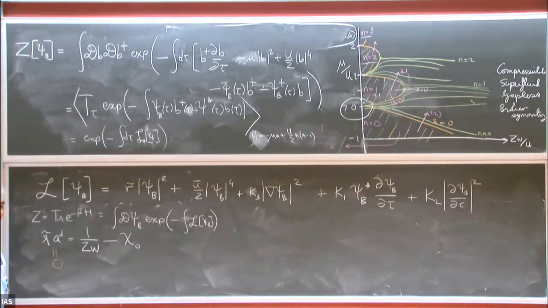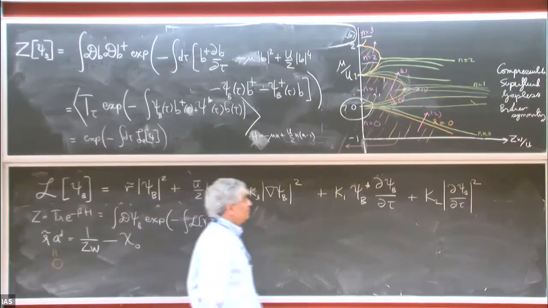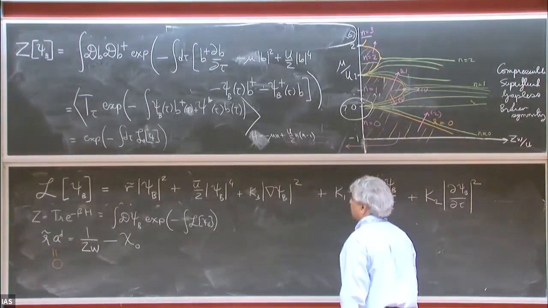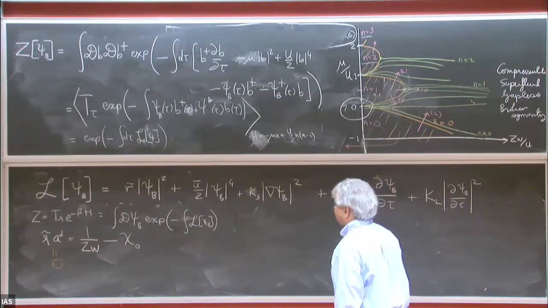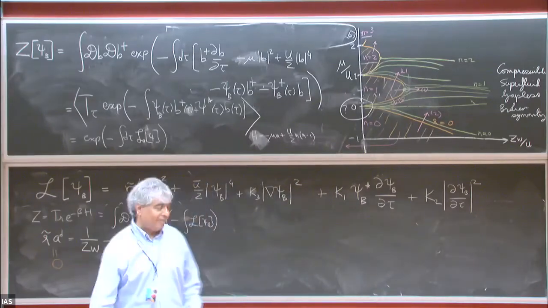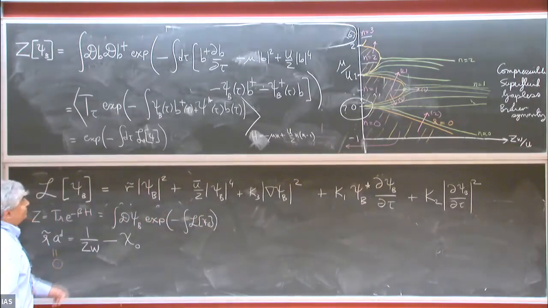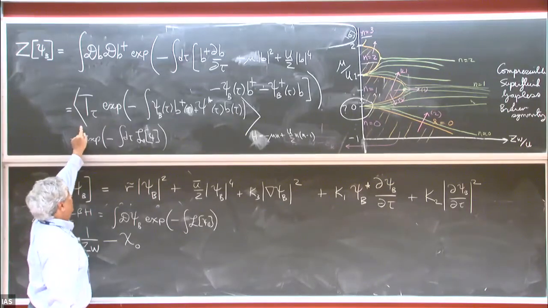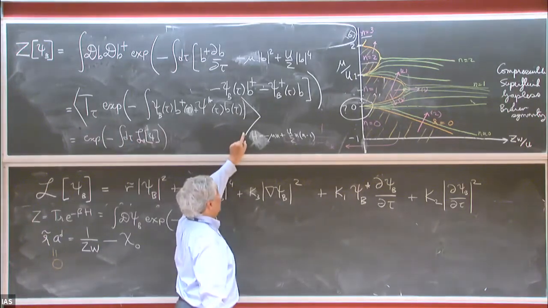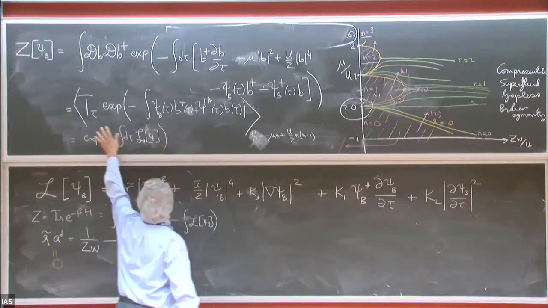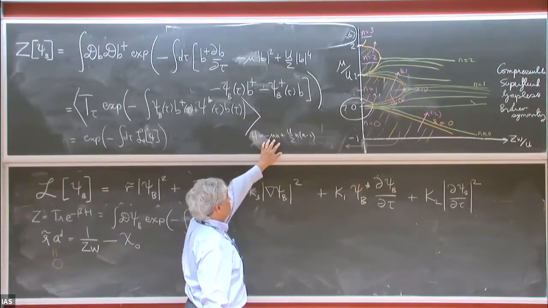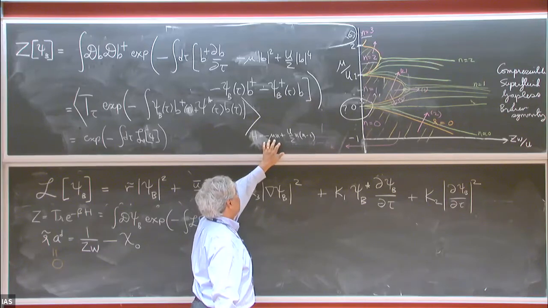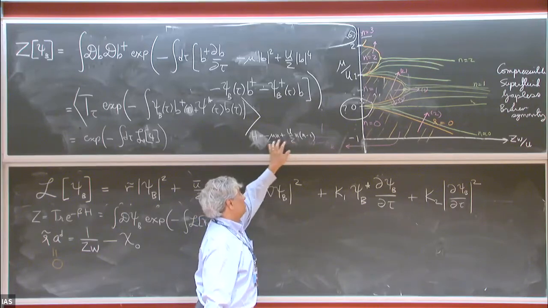Yes, go ahead. How do you get L of psi from this time ordered product? Are you guessing this? No. If you just work hard enough, you can get all of these coupling constants from evaluating this time ordered product. You evaluate this for this Hamiltonian, which is non-trivial because it's not free bosons.